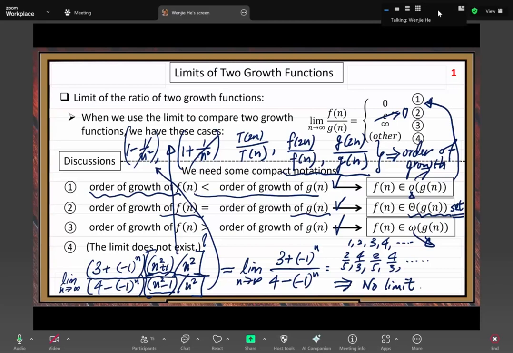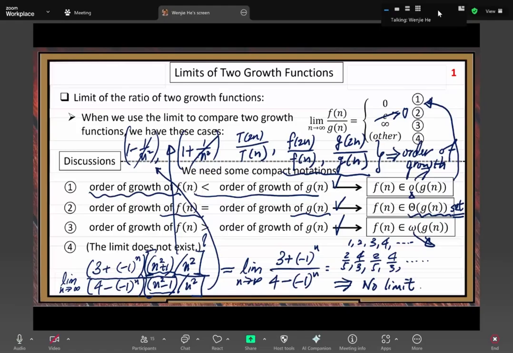If the limit exists, the sequence must converge to one number, not two. Here the sequence gets close to two different numbers, so it diverges, and we say the limit does not exist.